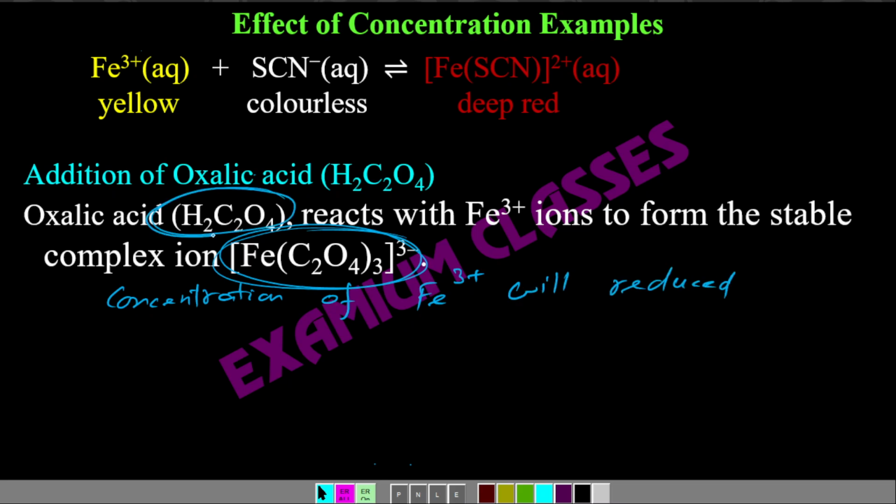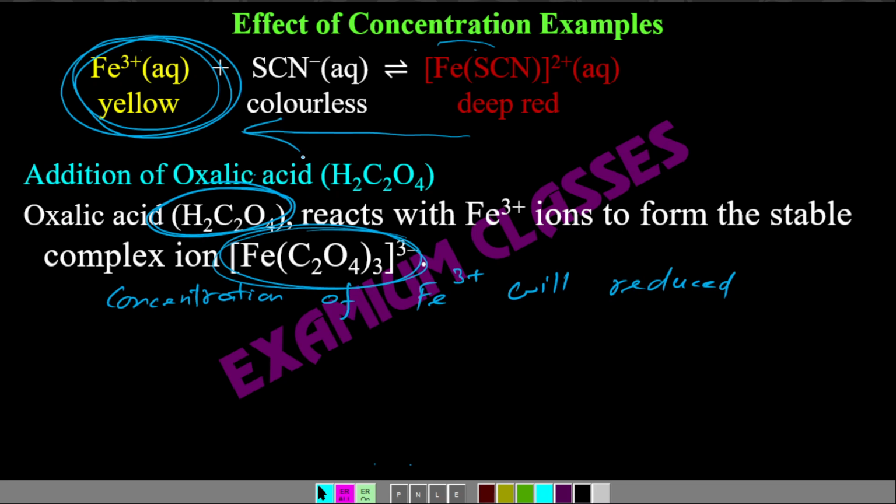If you add oxalic acid, these will consume some of the ferric ions. It means the reaction will go in backward direction because the concentration of ferric ion will be reduced. System will try to increase its concentration. It has to go in backward direction. So what will happen? The intensity of red color will decrease.